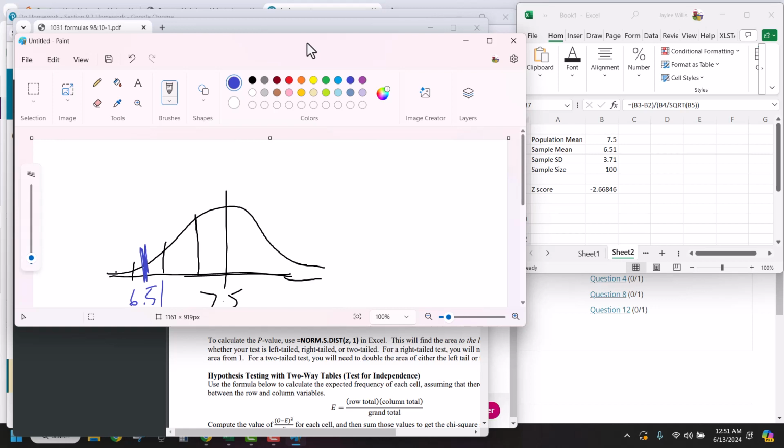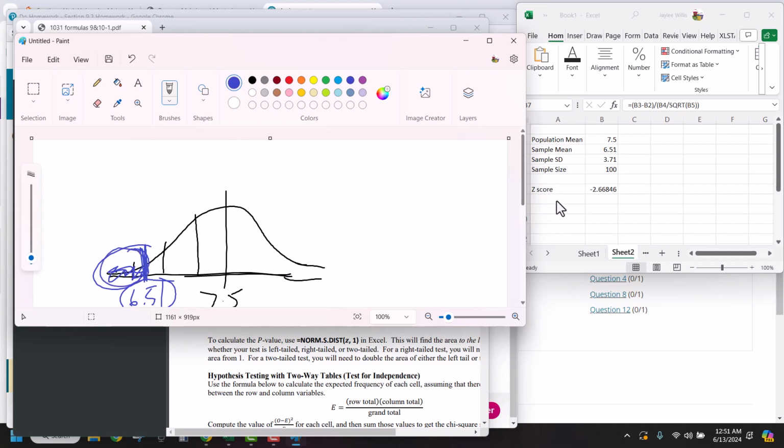And what we're looking at is, what's the probability that if you really did have a population mean of 7.5, we would get a sample that has a mean of 6.51, or even more extreme than that? And so we're basically looking for the probability of this area.